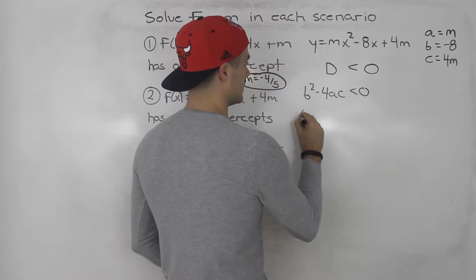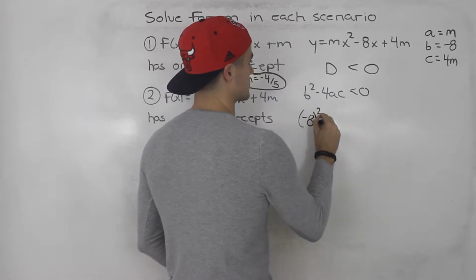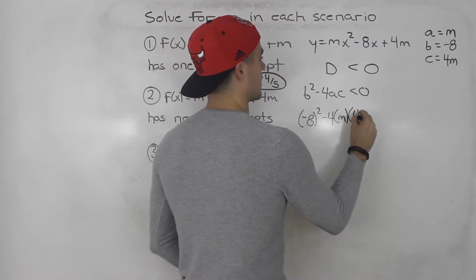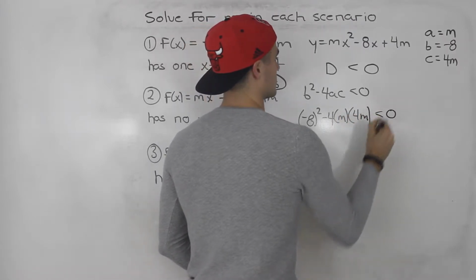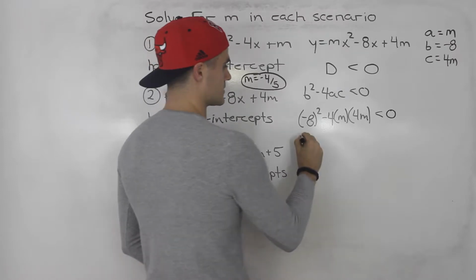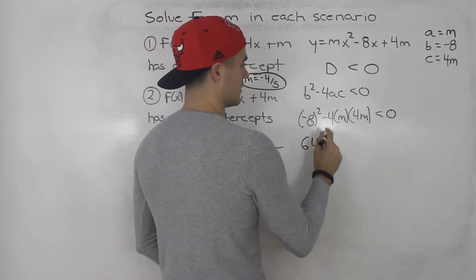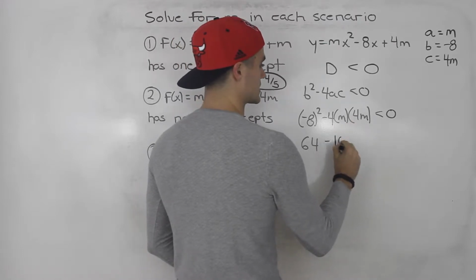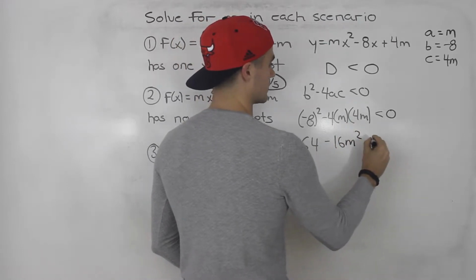So b is negative 8, so it'd be negative 8 squared minus 4 times m times 4m, and we have to solve when is that less than 0. So this would be 64, and this would be negative 4 times m times 4m, so negative 16m squared.